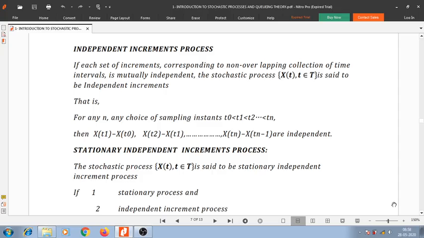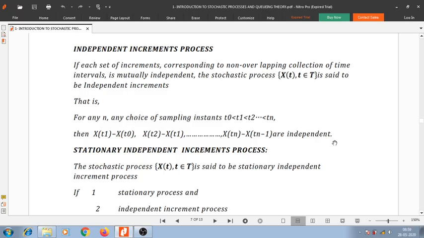Similarly, at tn, the realization is X of tn. Right? Now the differences between the realizations, like X of t1 minus X of t0, X of t2 minus X of t1, etc., X of tn minus X of tn minus 1, are independent. What could it mean in practice?